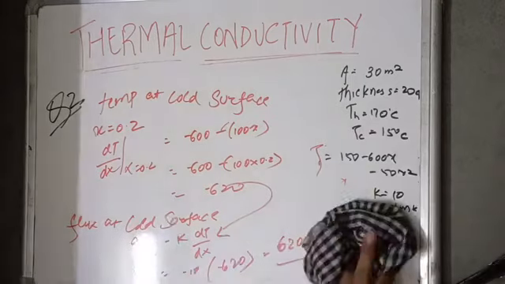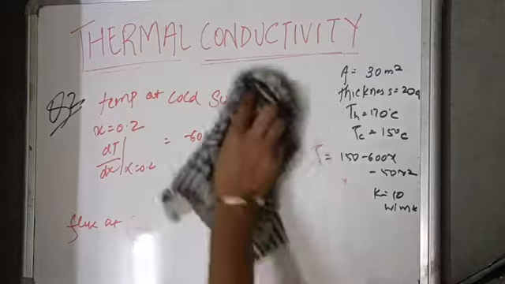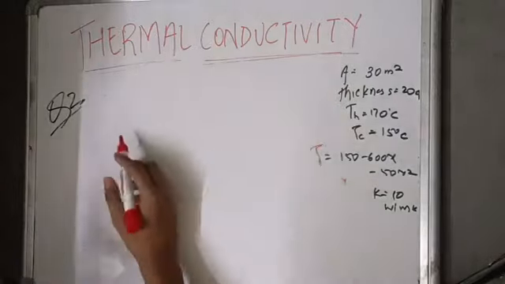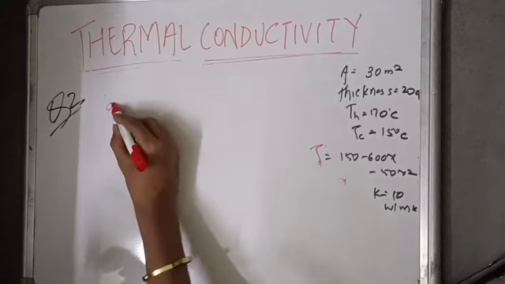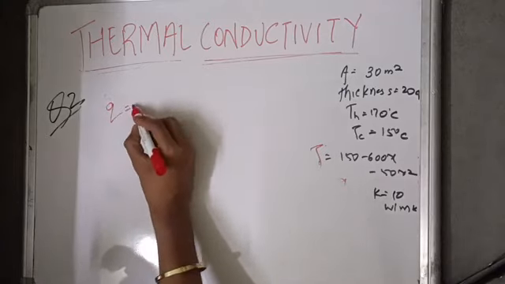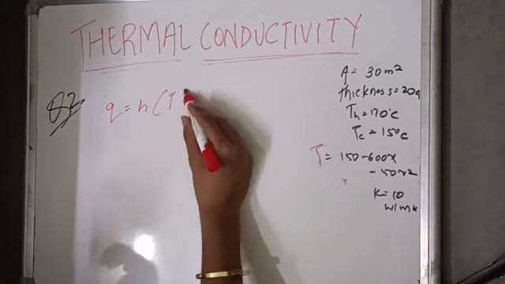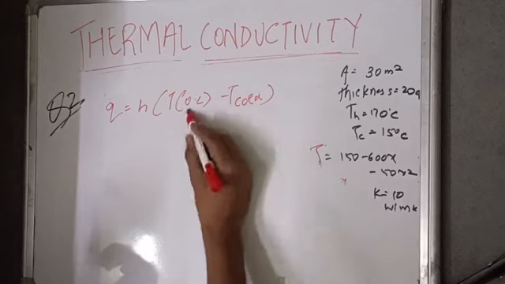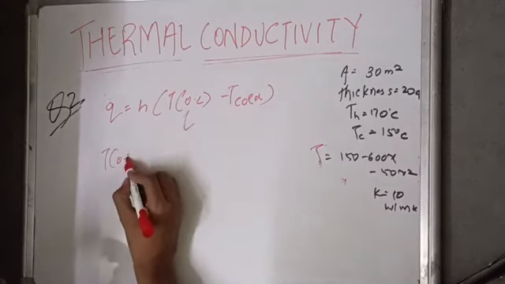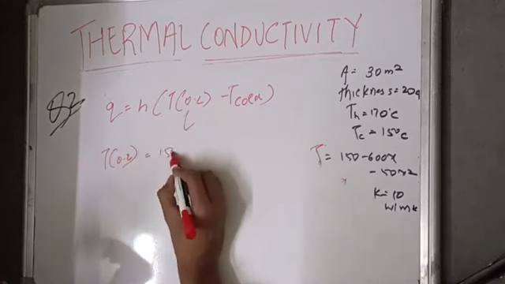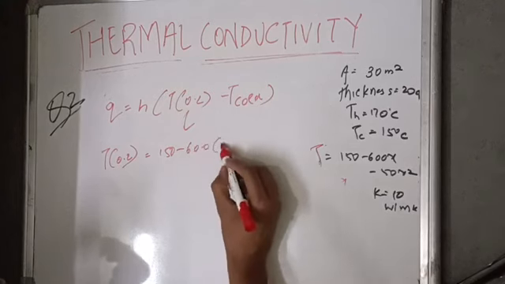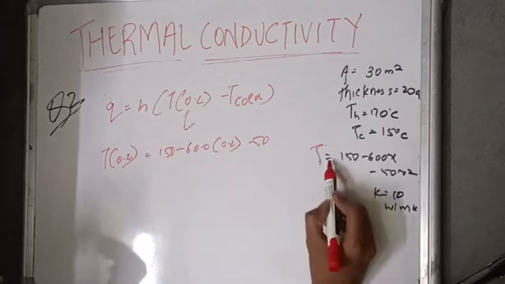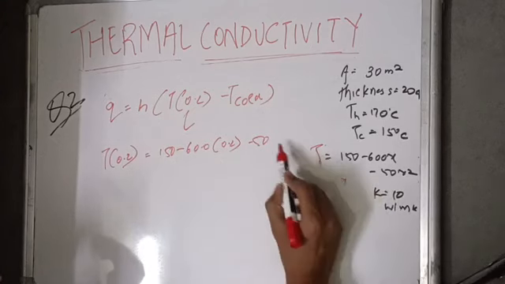Now we have to find the value of heat transfer coefficient at the cold side. We know the formula, it's Q equals h times T at 0.2 minus T cold. First we have to find the value of T at 0.2. So 150 minus 600 times 0.2, putting the value of 0.2 in the temperature distribution curve.